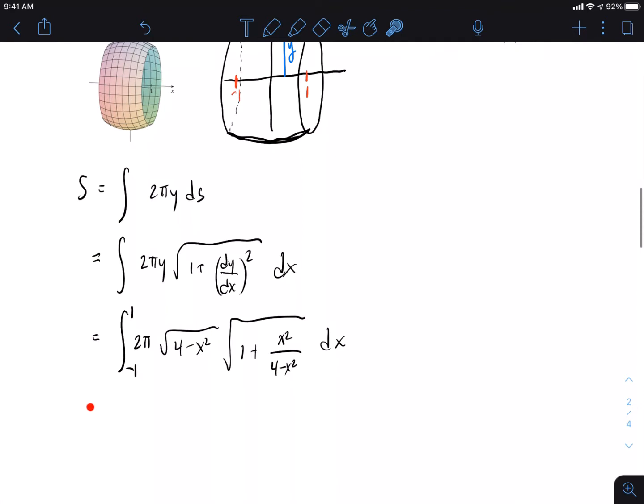So the integral is going to go from -1 to 1. I'll pull out the 2 pi because that's just a constant.